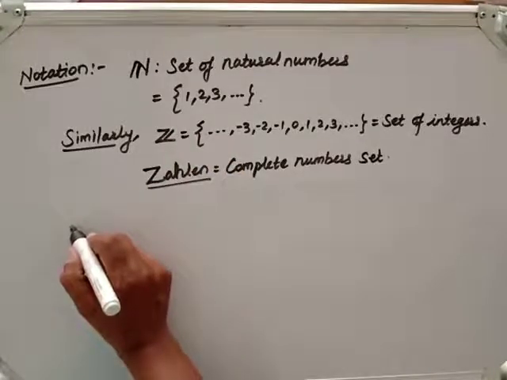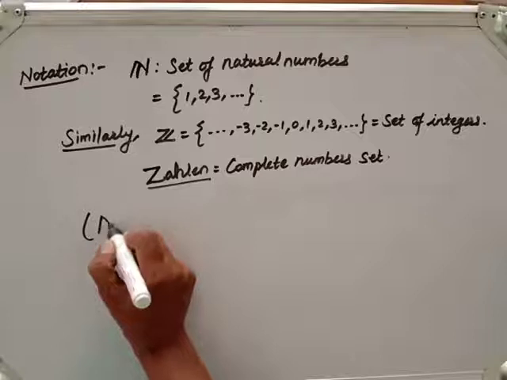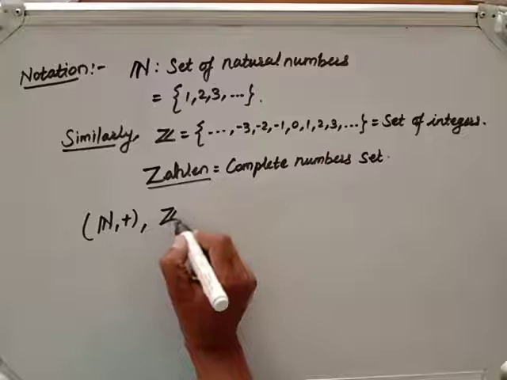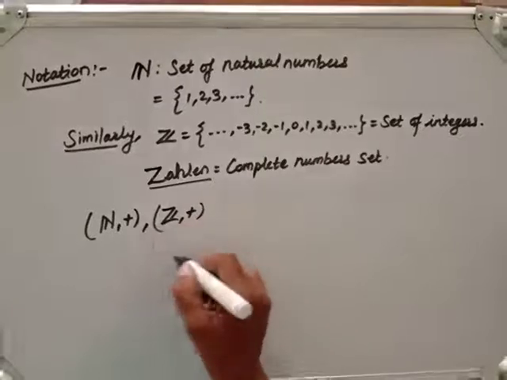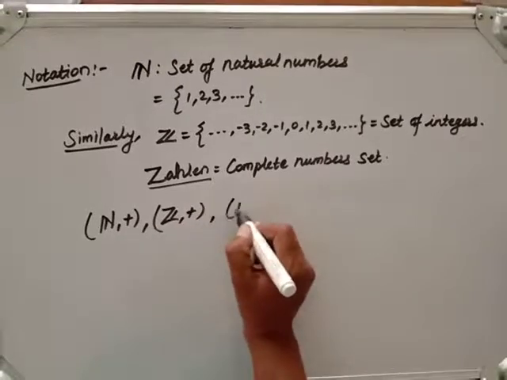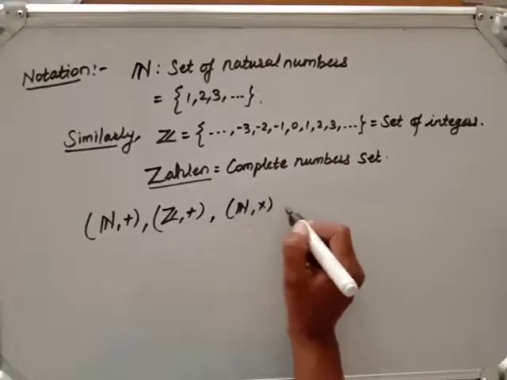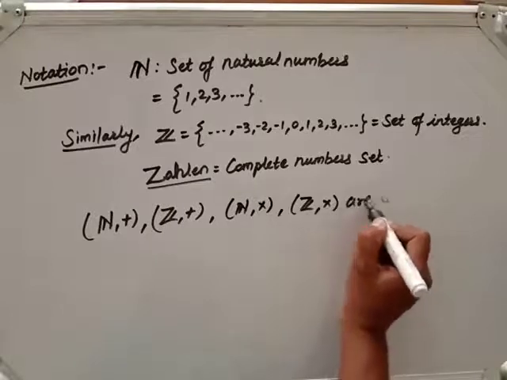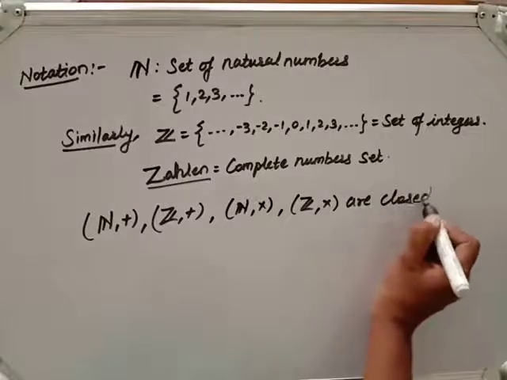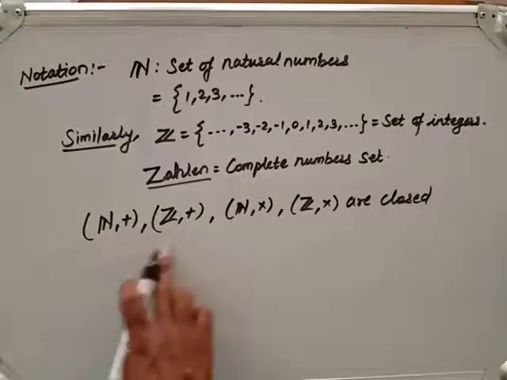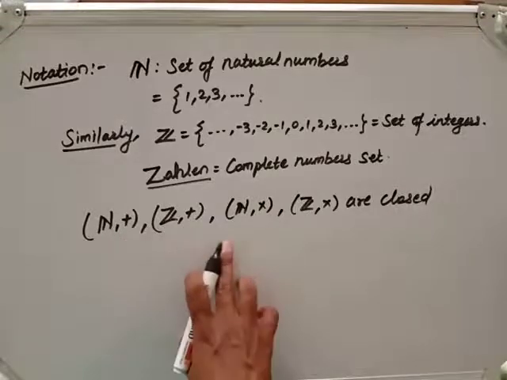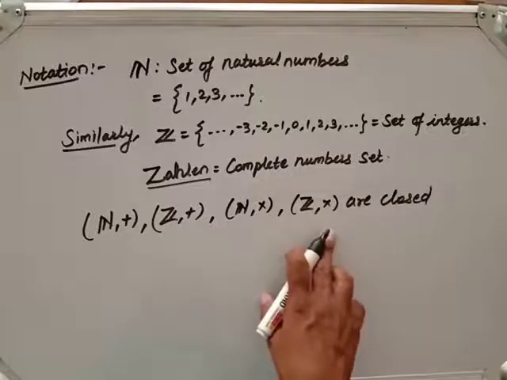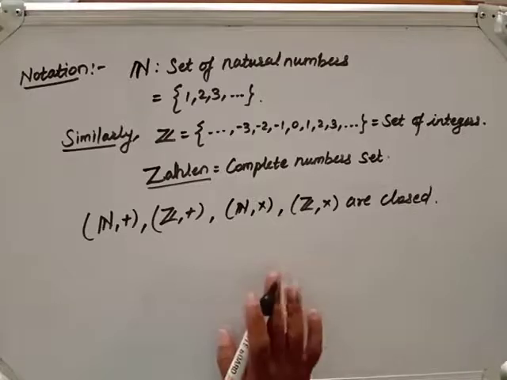Now, you know, the set of natural numbers with addition, the set of integers with addition, as I explained before, then the set of natural numbers with multiplication, and the set of integers with multiplication are closed. It means the addition of two natural numbers is again a natural number, the addition of two integers is again an integer, the multiplication of two natural numbers is again a natural number, and the multiplication of two integers is also an integer.